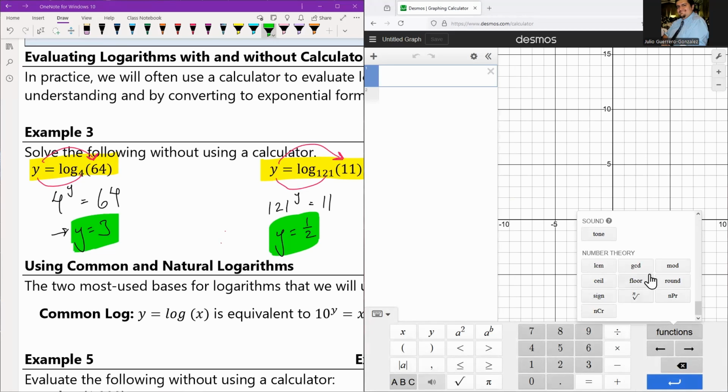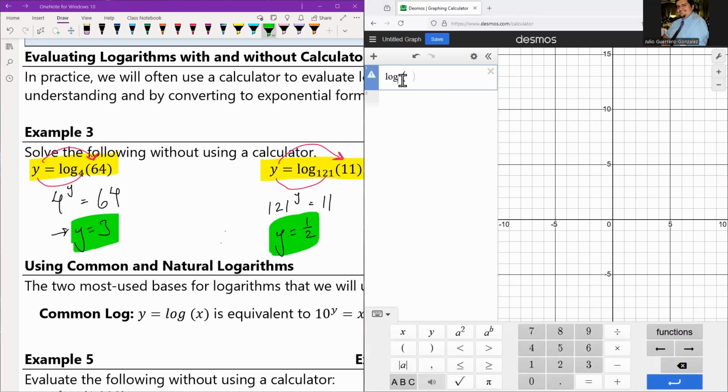Where is it? You might need to search for it a little bit. There they go. So I want this log base A. It gave me the subscript. So I'm going to hit 4, and then in the parentheses is going to be my 64, and look what happened.